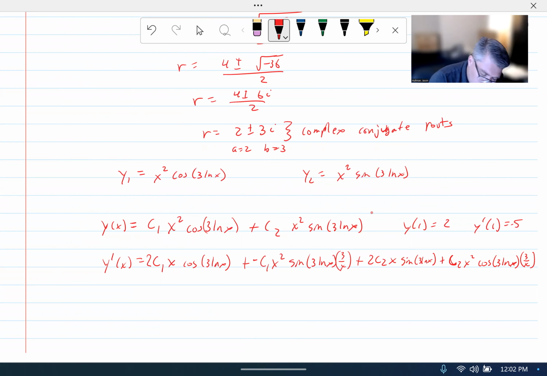Looks good. Okay, so now let's plug in the values that we know. If we let this x be 1, then we get 2.